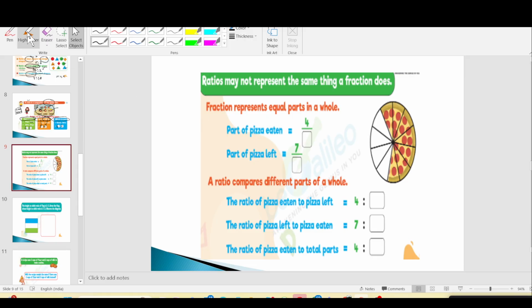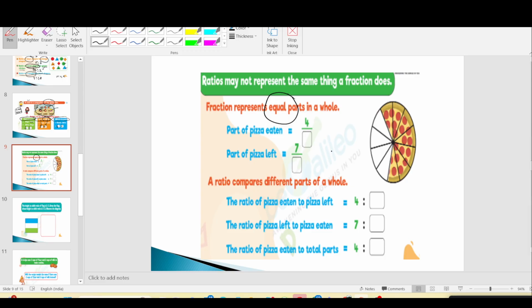Then ratio is, because we represent sometimes ratio with fraction, but ratio may not represent the same thing as fraction does, because in fraction all the parts are equal in a whole. Like if I'm dividing a pizza into equal slices, I can write it as a fraction. But in case of ratio, it is not always like that, we need to compare equal quantities, equal parts in a whole.